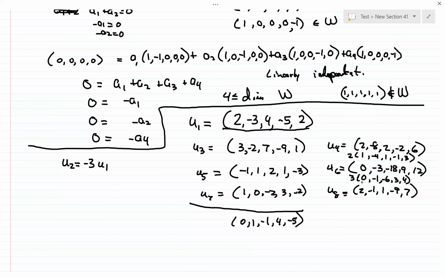Yeah, I'm getting lost in there a little bit. Let's just do it the long way.